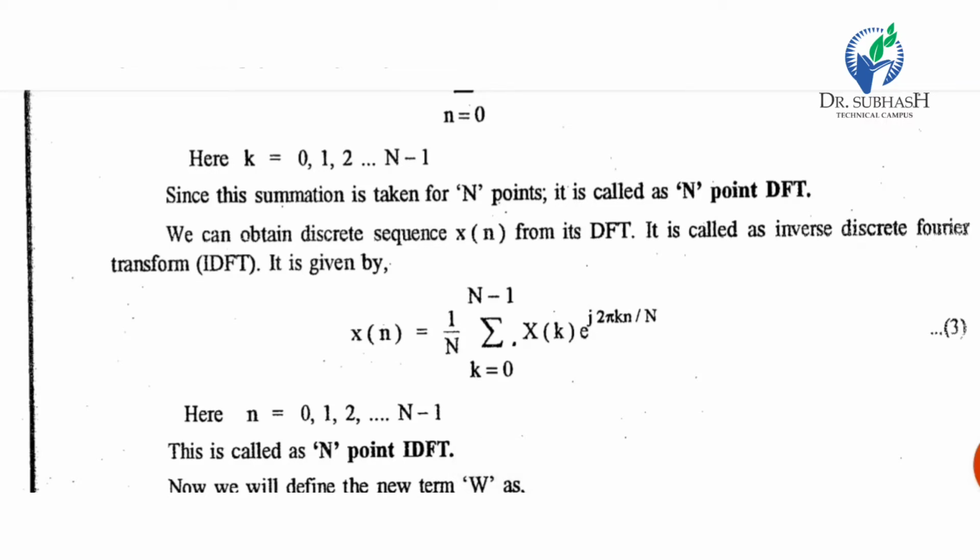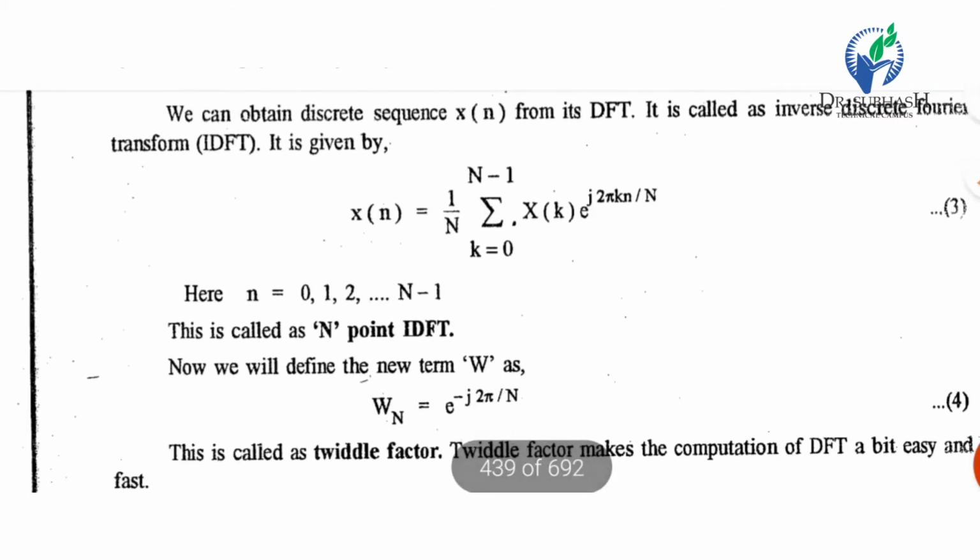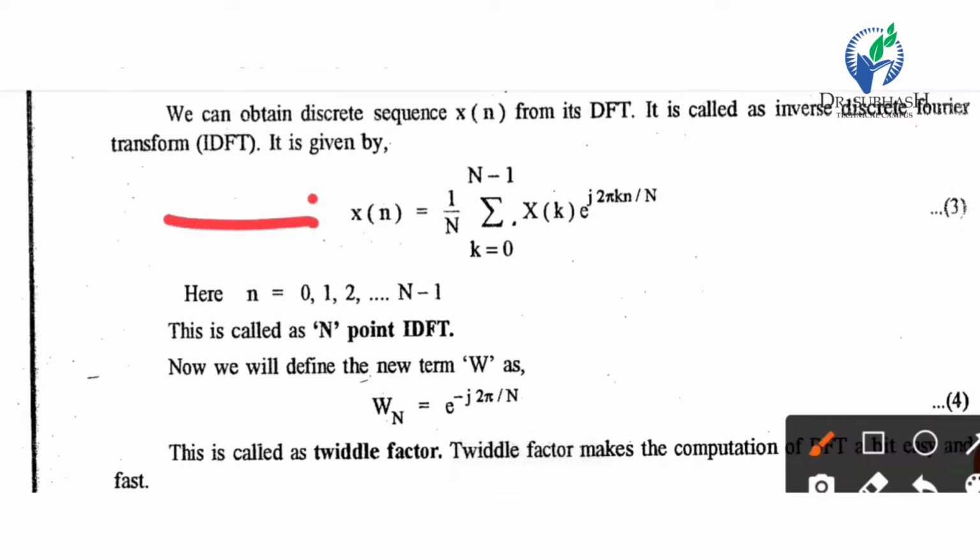It is called the inverse discrete Fourier transform, IDFT, and it is given by x of n equal to 1 upon N summation k equal to 0 to N minus 1 X of k e raised to plus j 2 pi k n upon N.